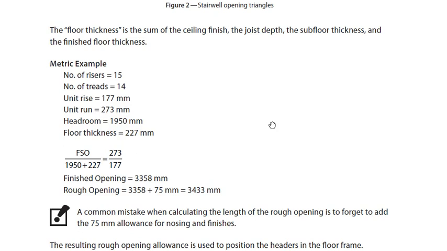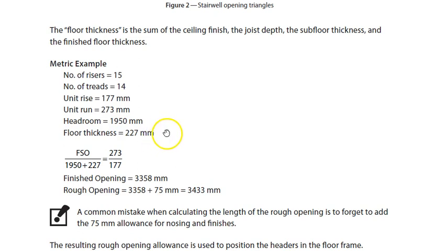It gives me 450. So these two numbers here add up to 450 millimeters. So that's a proportioning rule that we've used here. We have a headroom. This would be a code requirement. This looks like it's a private dwelling, 1950 millimeters. And we have an entire floor thickness of 227 millimeters.